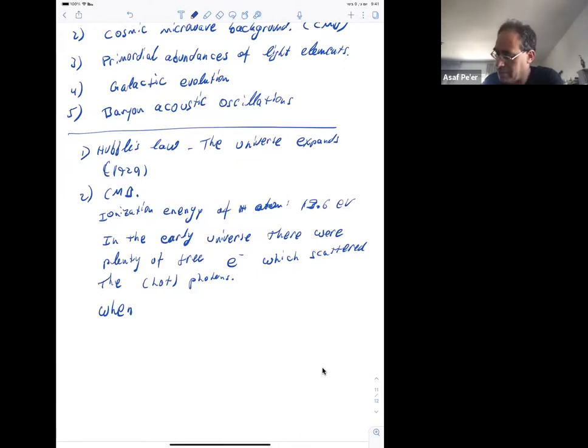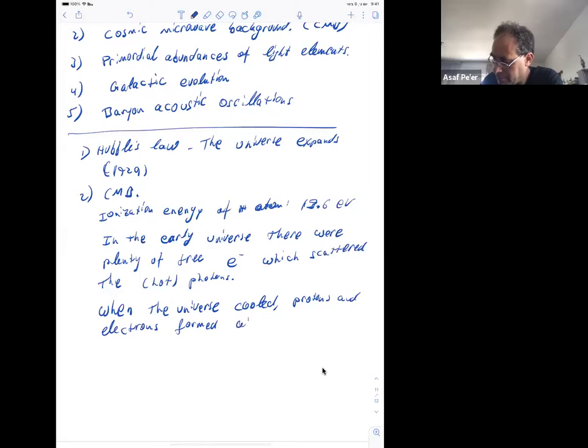It's not the second time. When the universe cooled, protons and electrons formed atoms. It's called recombination.